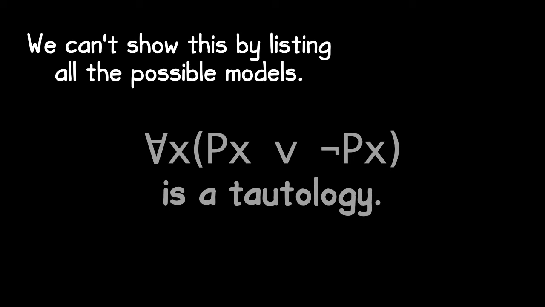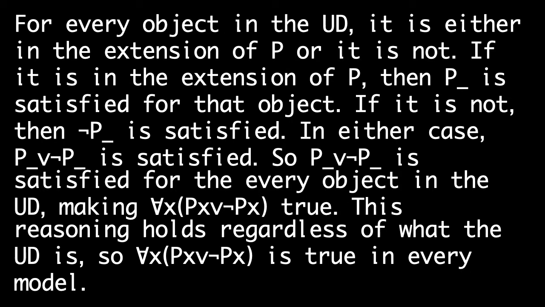Of course, we could try to think it through. We could reason in this way. For every object in the universe of discourse, it's either in the extension of P or it's not. If it is in the extension of P, then P blank is satisfied for that object. If it's not, then not P blank is satisfied. In either case, P blank or not P blank is satisfied.